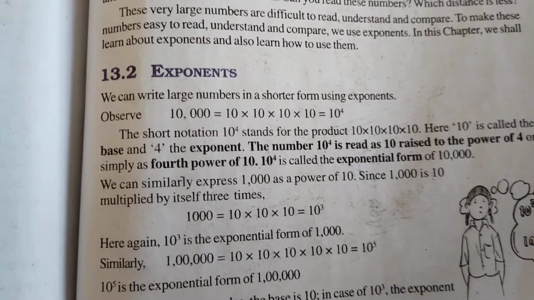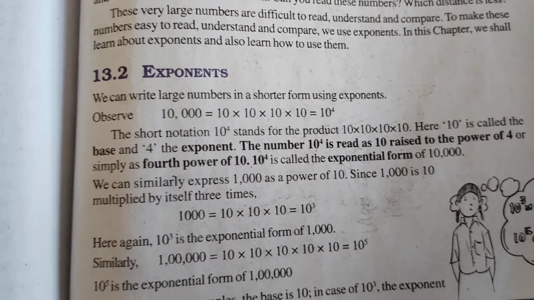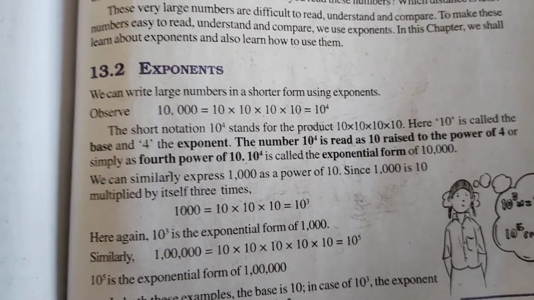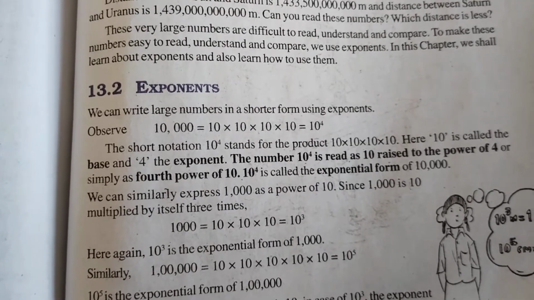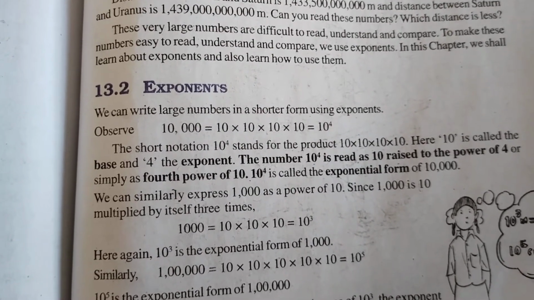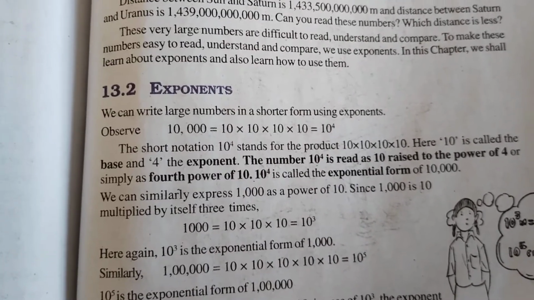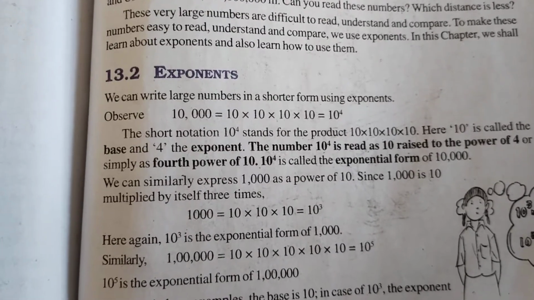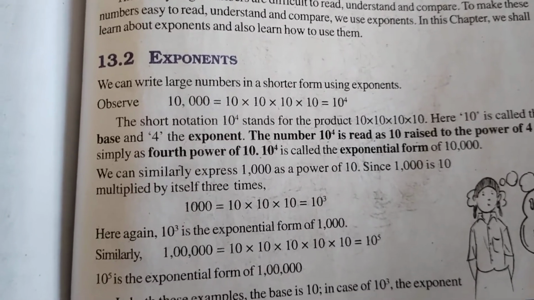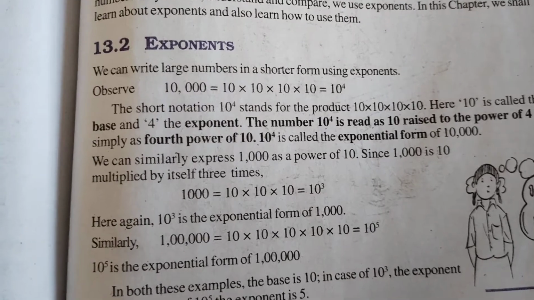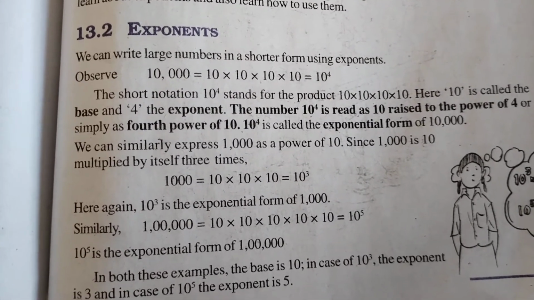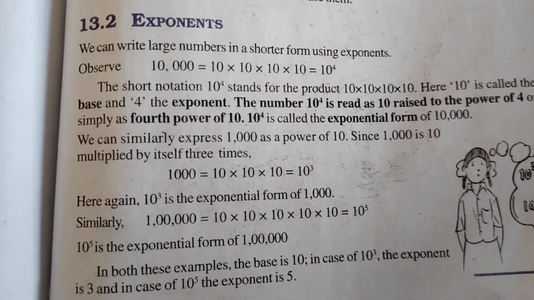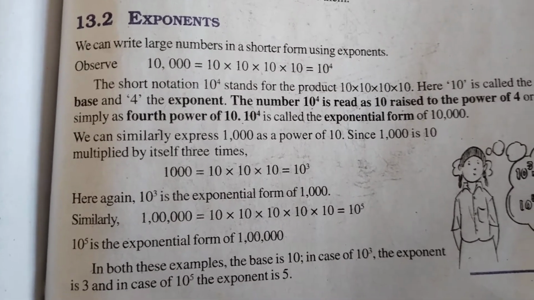The number 10 to the power 4 is read as 10 raised to the power of 4, or simply the fourth power of 10. 10 power 4 is also called the exponential form of 10,000. Similarly, 1000 can be written as 10 into 10 into 10, which is 10 cube. So 10 cube is the exponential form of 1000.